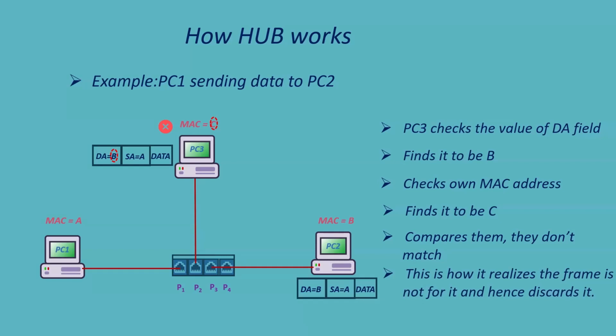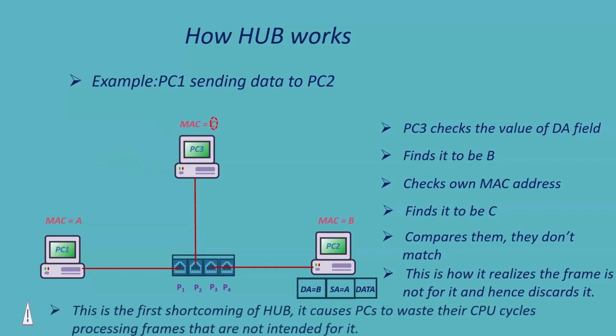So what is the takeaway here? This is a big drawback, a shortcoming, of the hub. The frame was supposed to go to PC2, but unfortunately the hub, being a dumb, non-intelligent device, also sent a copy to PC3.